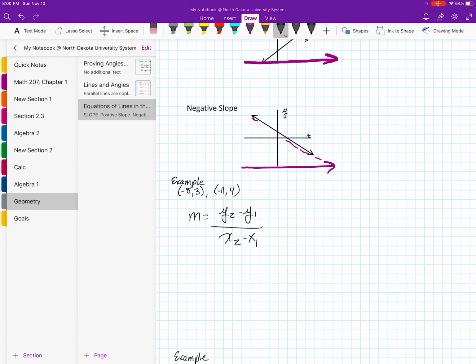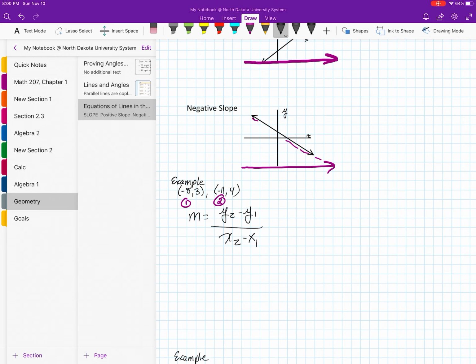Notice, again, though, it's very important that we name our points. We decide which point is going to be point 1 and which point is going to be point 2. And be consistent. And I always actually like to write them. Now, it doesn't matter which point is point 1 and which point is point 2, as long as you are consistently taking your coordinates from the right points.